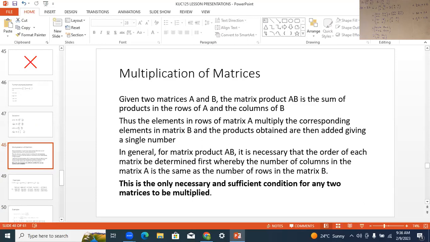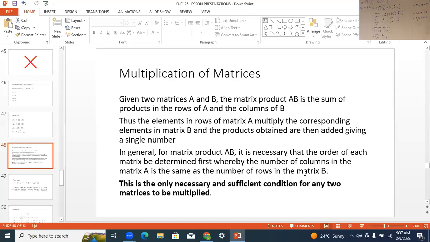Given two matrices, say matrix A and B, the matrix product AB is the sum of products in the rows of A and in the columns of B. What does this mean? The elements of matrix A, those in the rows of A, shall multiply those in the columns of B. And the corresponding products obtained will give us a single number that will be the product element of the product matrix AB.